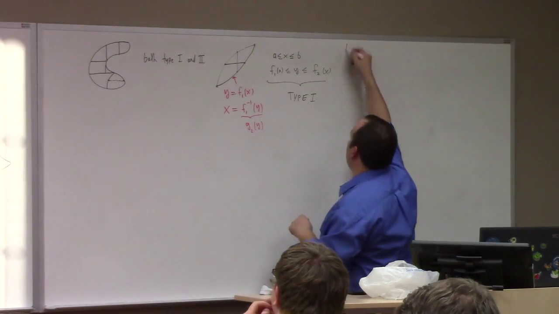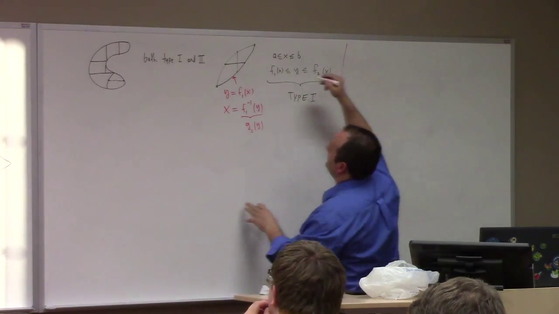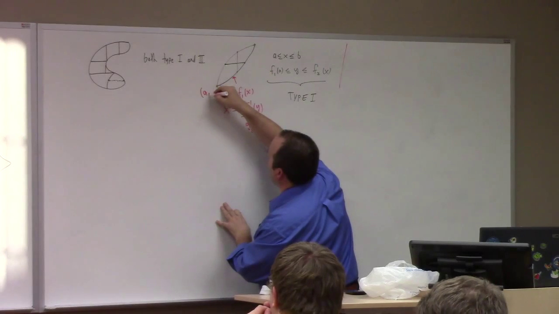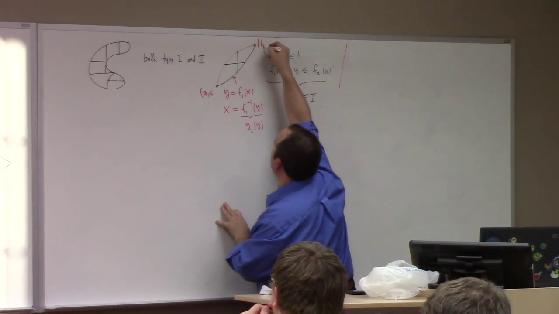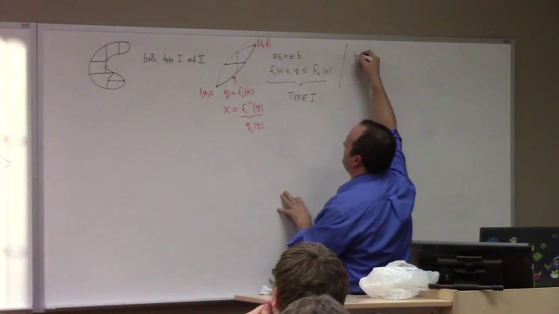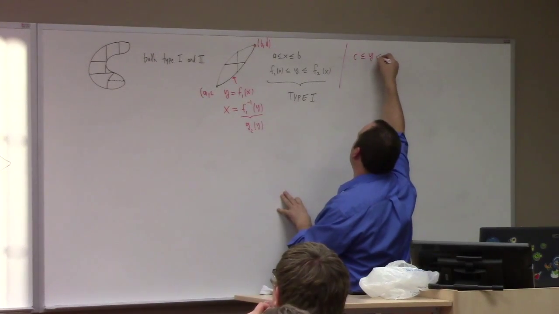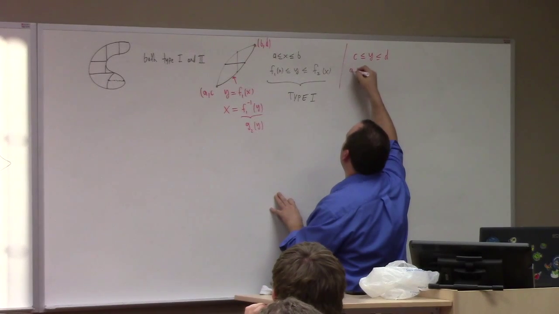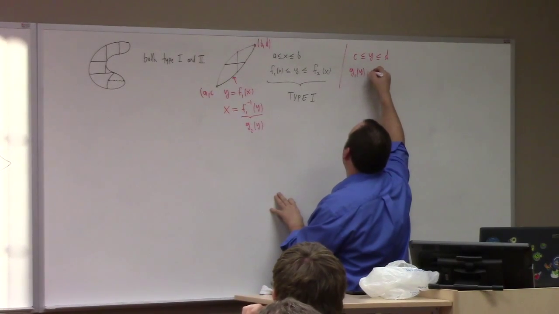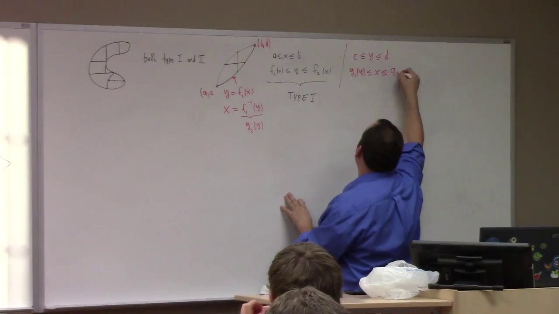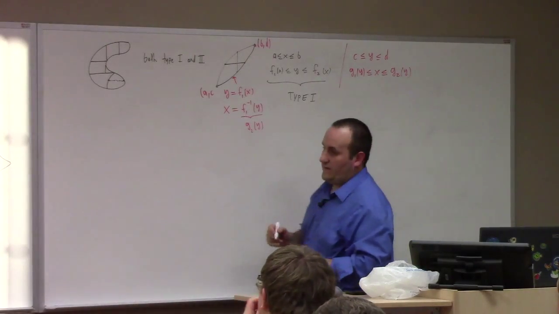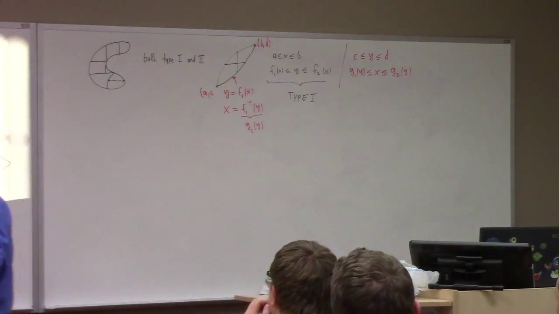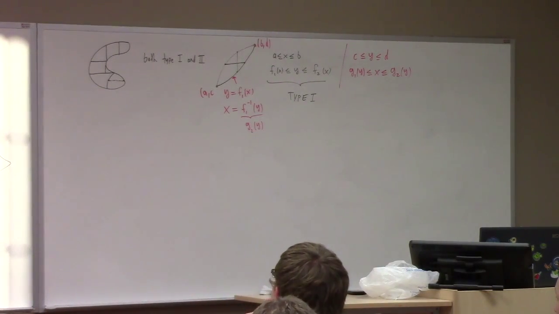Likewise, if these points are a comma c, b comma d, I also have c less than or equal to y less than or equal to d, and g1 of y less than or equal to x less than or equal to g2 of y. I can describe this lemon-shaped region in terms of both type 1 and type 2 setups.